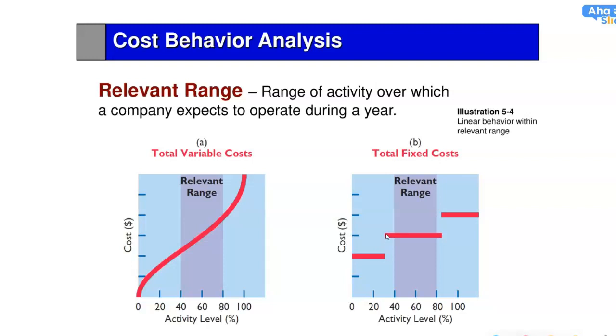So fixed costs will jump in total and then remain the same until a certain level, and that is that relevant range of activity, and then they would jump. Okay, so that's the situation. And right now we are producing between 40 and 80, and that is within the relevant range of production, because the relevant range you can see is between 30 and maybe 85 here. So we always talk about the relevant range when it relates to fixed costs.